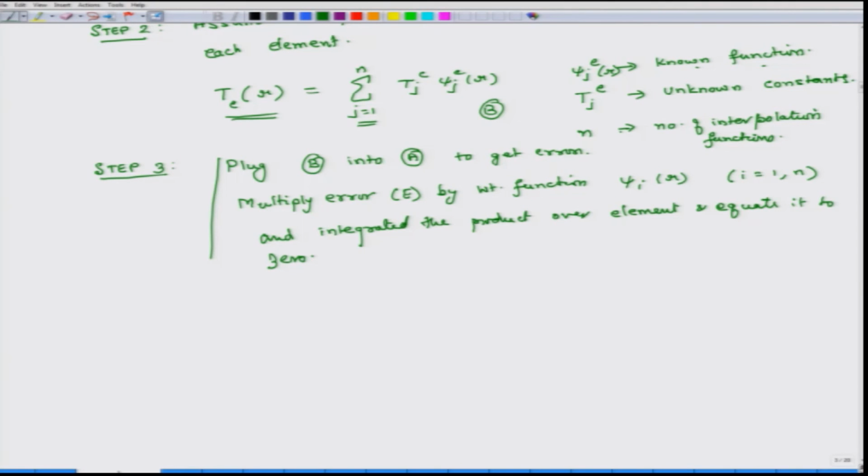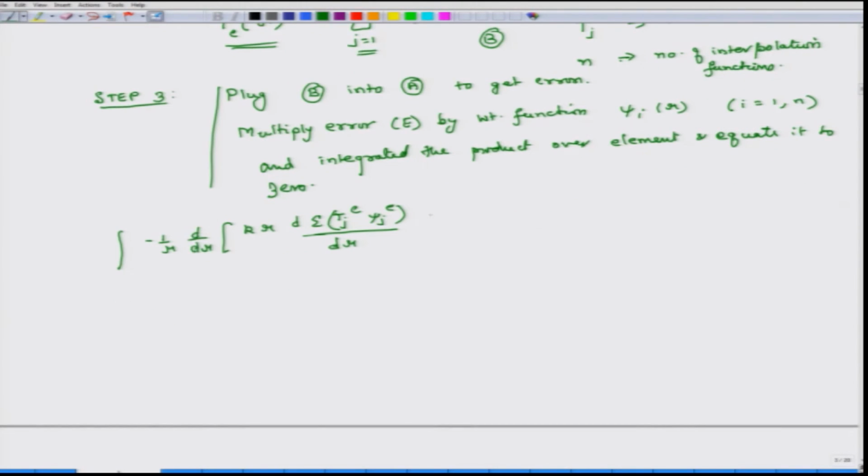So, when I do this, what is the equation I get? Okay. So, this is what I get, minus 1 by r d by dr kr d... minus... so this is the error, right, this is the error, and what am I doing?